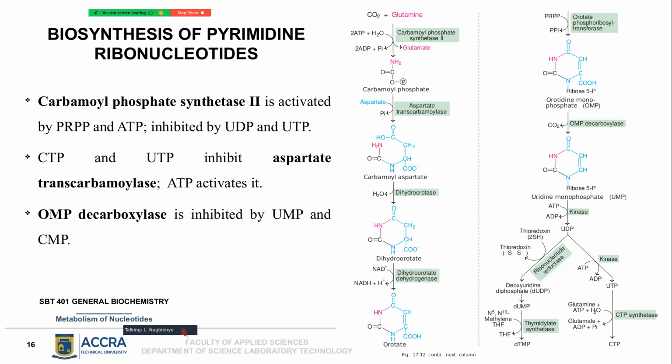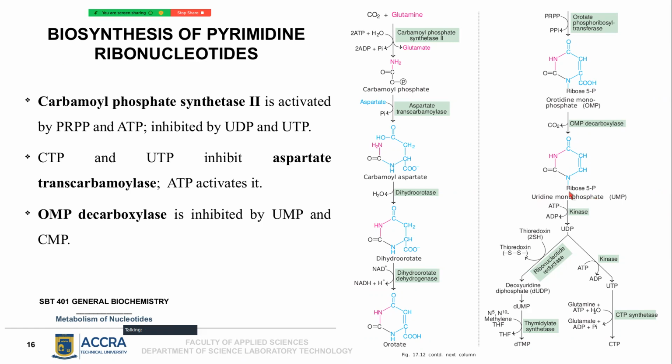Now, so you see that major difference. Purines are synthesized on the ribose sugar, but pyrimidines are synthesized separately. So after you have this orotic acid being synthesized, before you now have the attachment of what? Ribose 5-phosphate. And then that reaction continues to give you uridine monophosphate.